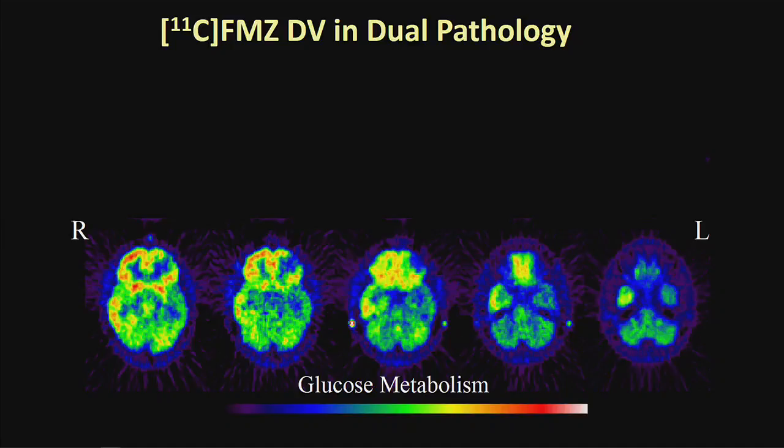But on the FDG, there's obviously a lesion there. We went back and did typical axial MR cuts, and it turns out that this was a low-grade tumor. It was a ganglioglioma, and the assumption was this was the epileptogenic focus, and so it was removed.